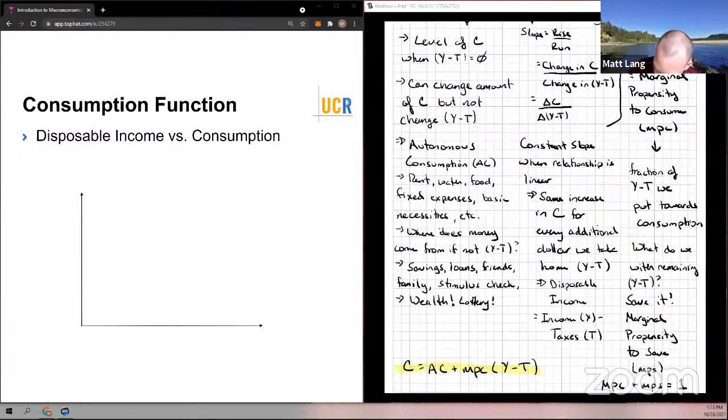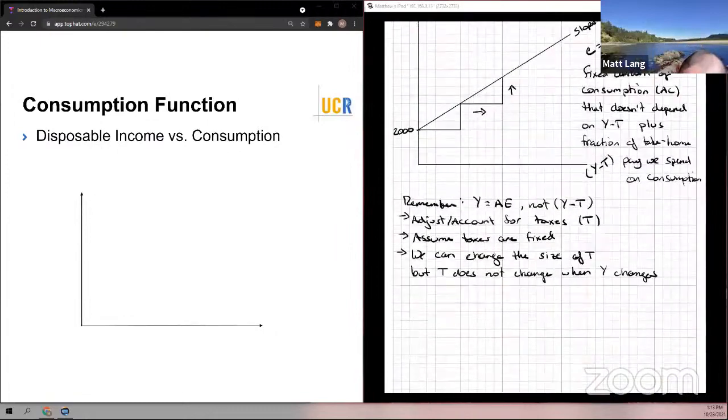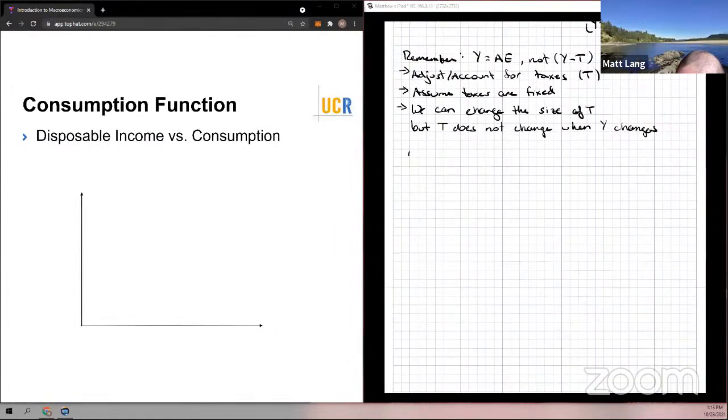In our example, we are going to assume that t is equal to 2,000. So what does our new table look like?